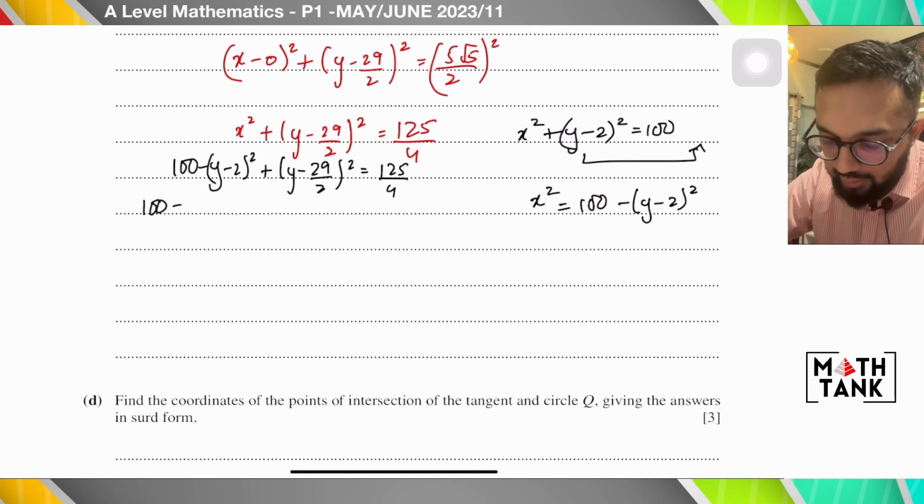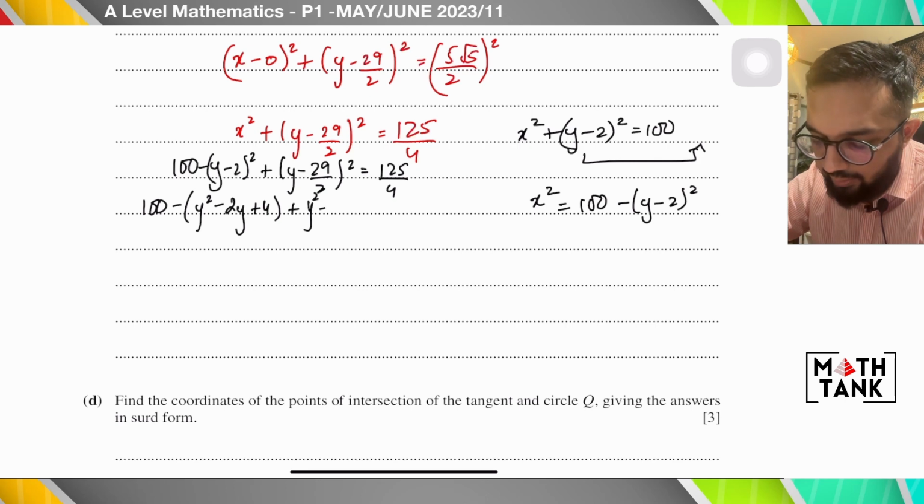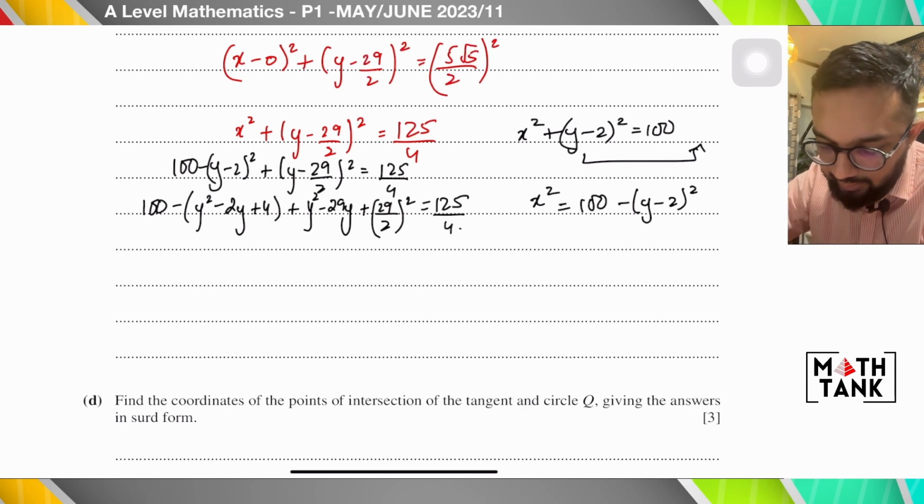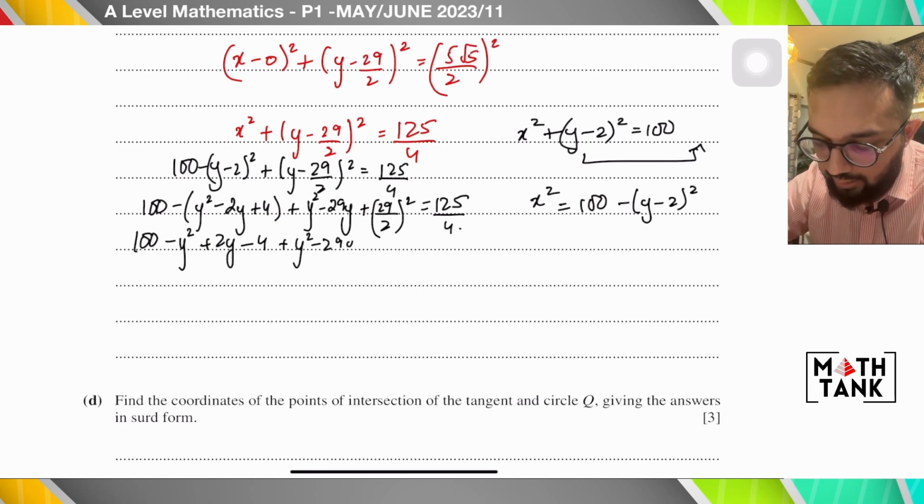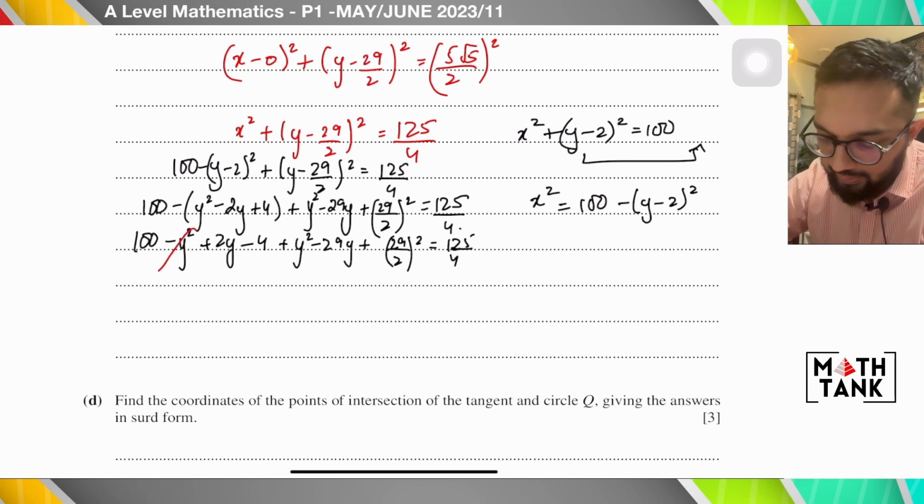I get 100 minus y square plus 2y minus 4 plus y square minus 29y plus 29 over 2 whole square equals 125 over 4. I can see y square is cancelling out.